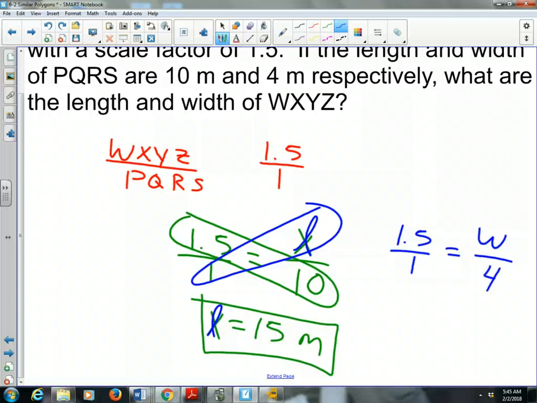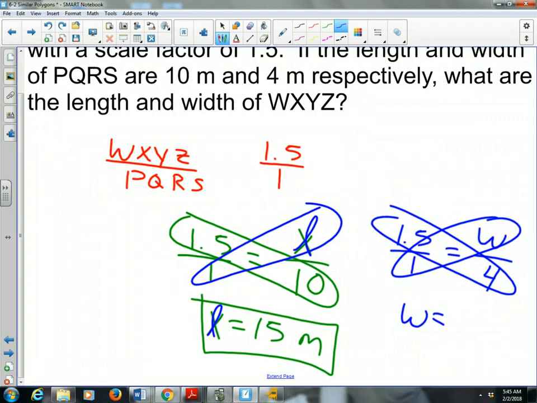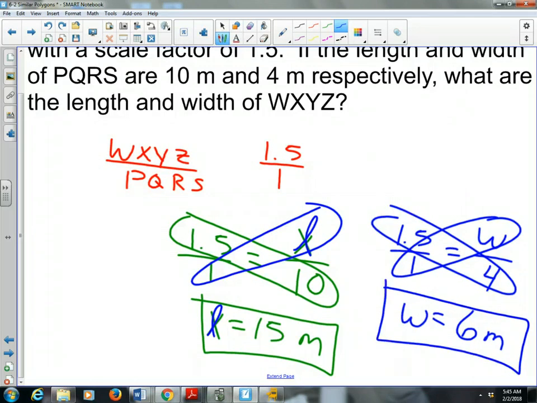So now we can find the width of WXYZ. You cross multiply, and 1.5 times 4, the width equals 6 meters. That's why I say the scale factor is often the number that you multiply by. That's what we did here. We took 10 and 4, and we multiplied it by the scale factor of 1.5. We'll be doing more work with this when you get to class tomorrow.